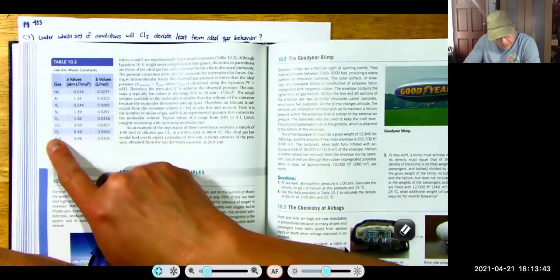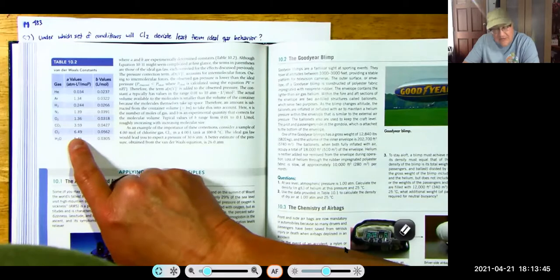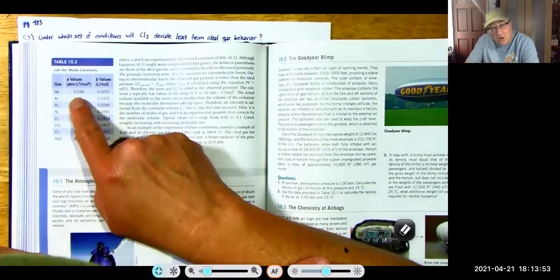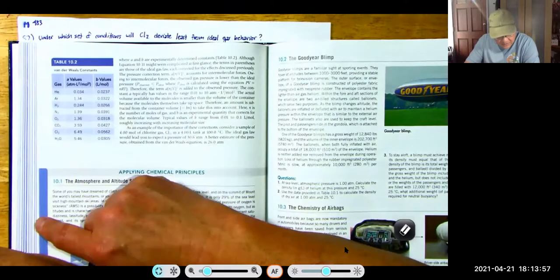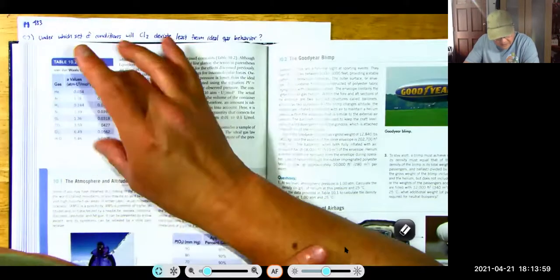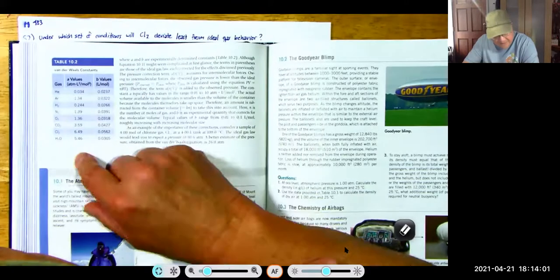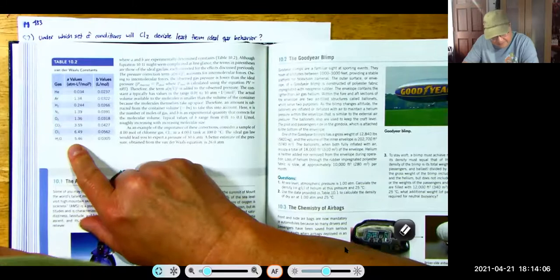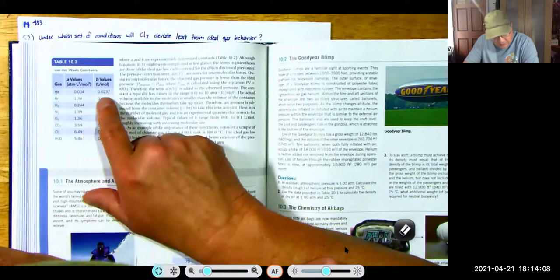Chlorine is a large molecule, so it also has a high A value, because when you have a lot of surface area, you stick to other things better also. Helium is a very small atom, so it has a small A. So generally, the size of the particle has a lot to do with its A value. It's a little bit more than that, but we'll just leave it at that.